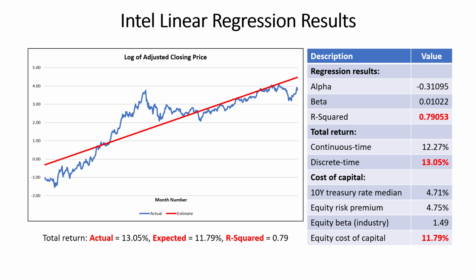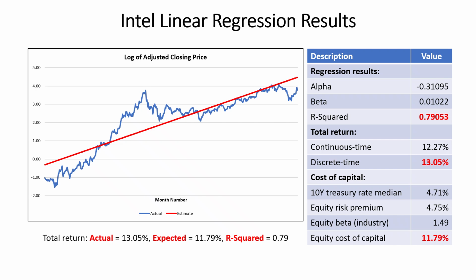So then we want to take a look at our total return results. The continuous time, and remember we're using log of stock price, so we're using continuous time. If we take that beta value of 0.01022 and multiply it by 12 to get an annual figure, we get 12.27% as a total return.